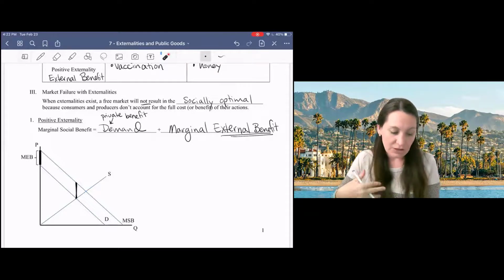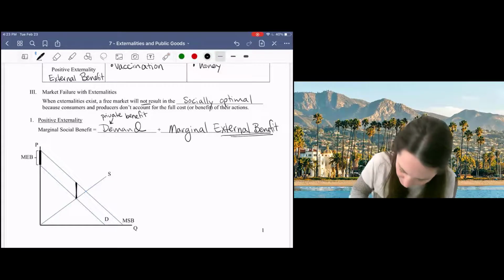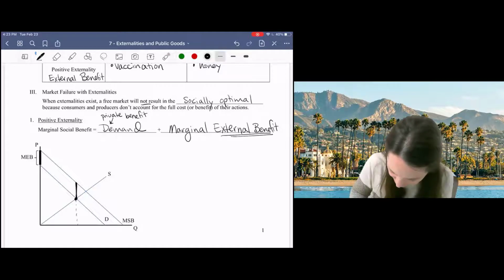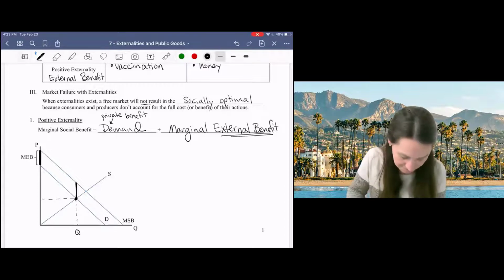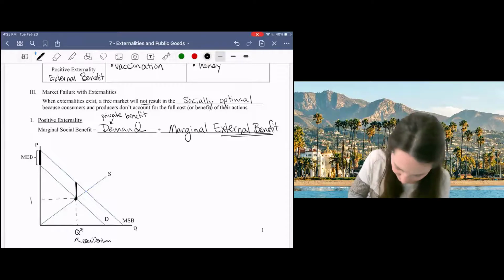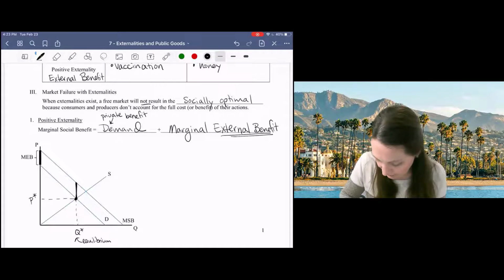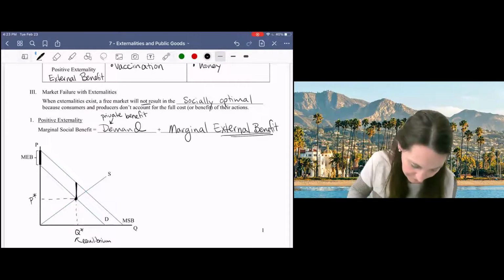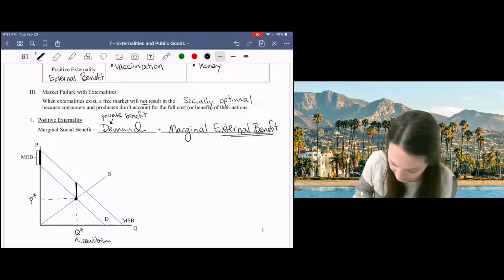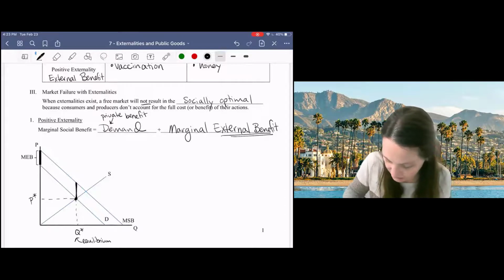Okay, so now let's start to investigate what this means for our market. Of course, supply and demand will indicate the market equilibrium quantity, which I usually just denote with that little star. However, you can see here that the market is going to yield a smaller amount than is socially optimal.